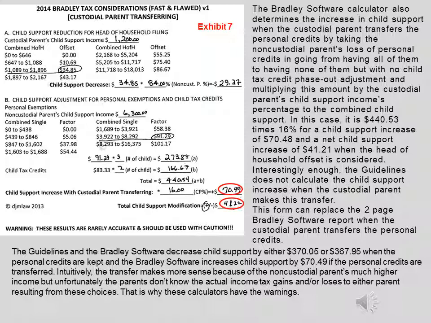Intuitively, the transfer makes more sense because of the non-custodial parent's much higher income, but unfortunately, the parents don't know the actual income tax gains and/or losses to either parent resulting from these choices. That is why these calculators have the warnings.